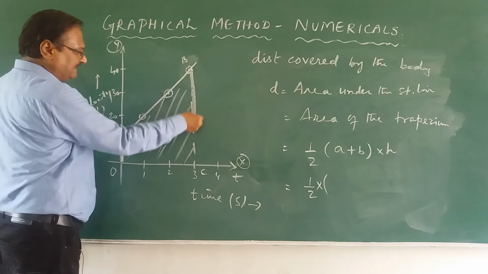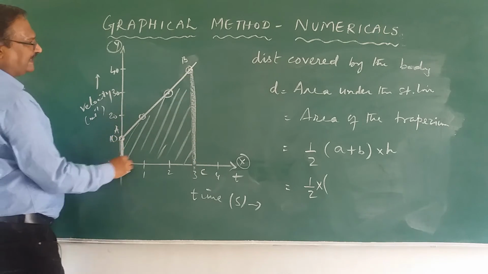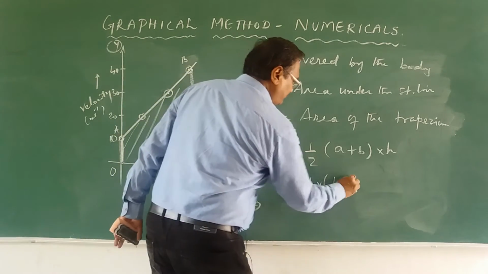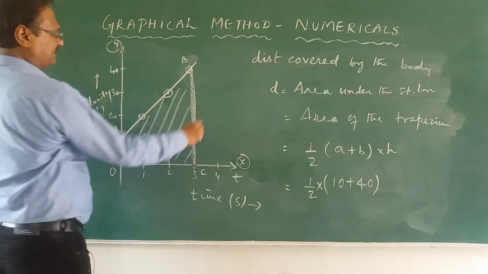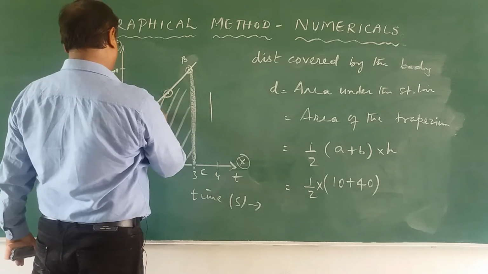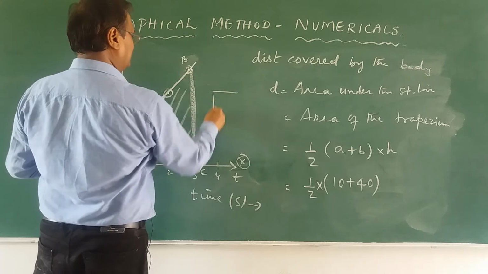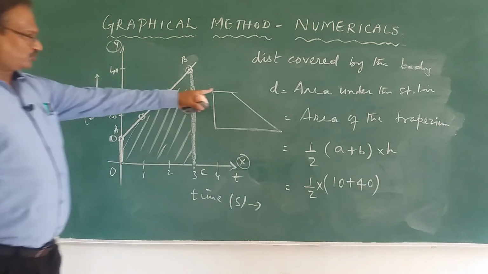OA and BC are the two sides, so this is 10 and this is 40. 10 plus 40. You can turn the trapezium like this.